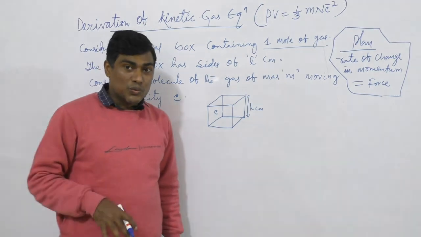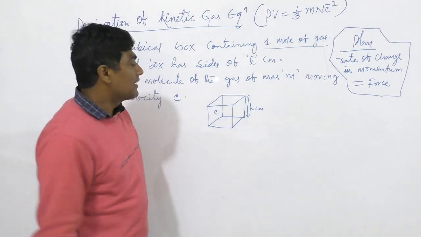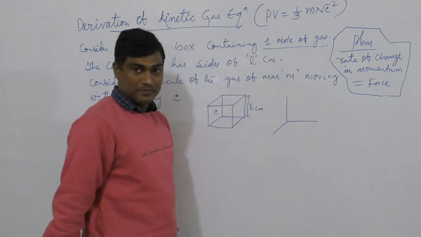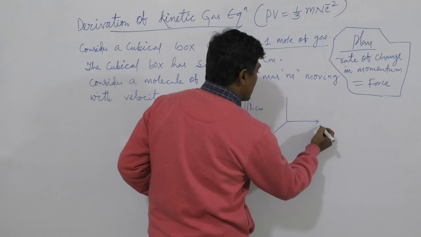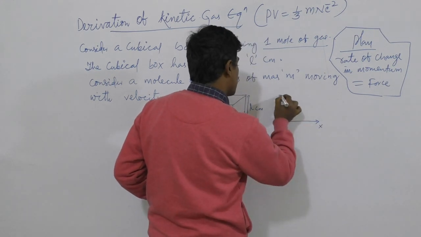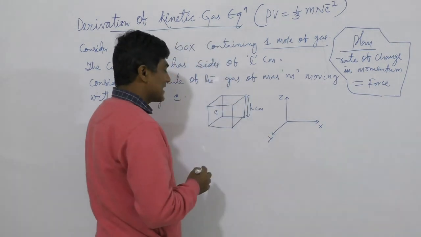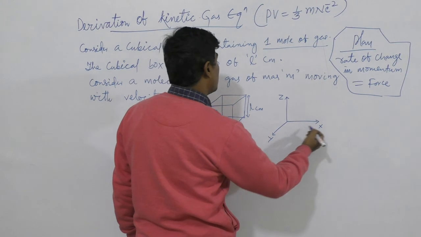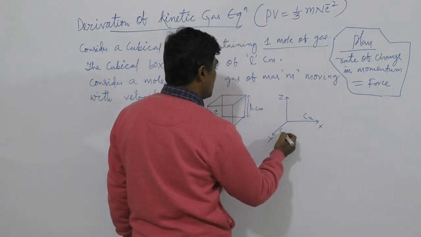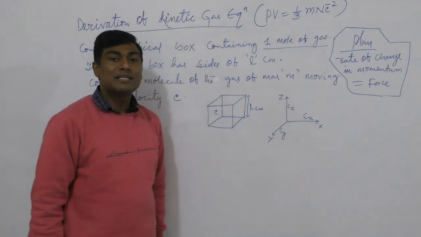As we know, the velocity can be resolved along 3 axes. If this is x, this is y, this is z, the velocity in the x direction will be cx, in the y direction cy, and in the z direction cz.